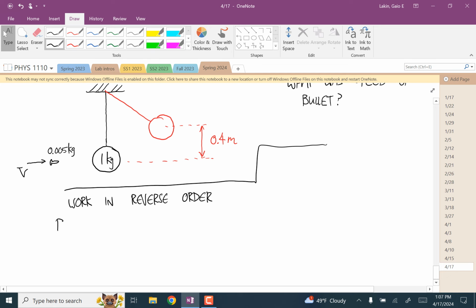So part one is to calculate the speed of this mass at the bottom position that would allow it to swing up 0.4 meters.